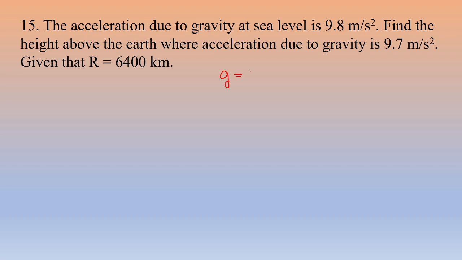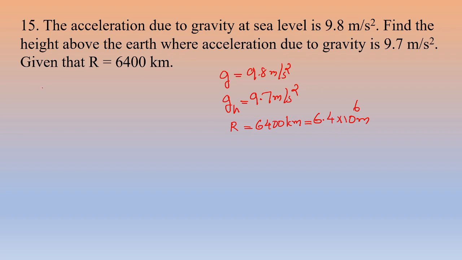So let us write: the value of g on the surface is 9.8 meter per second square, and at a height, that is gh, is equal to 9.7 meter per second square, and the radius of the earth is 6,400 kilometer, that we have to convert into meter, that is 6.4 into 10 raised to 6 meter.